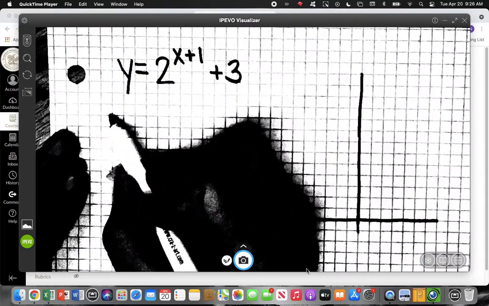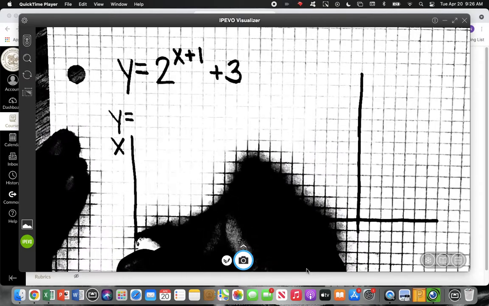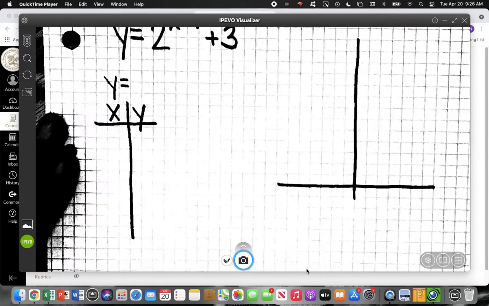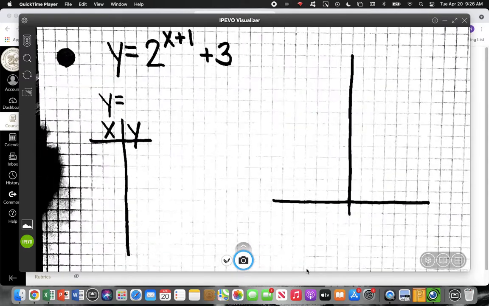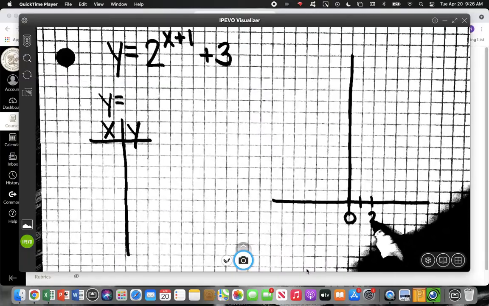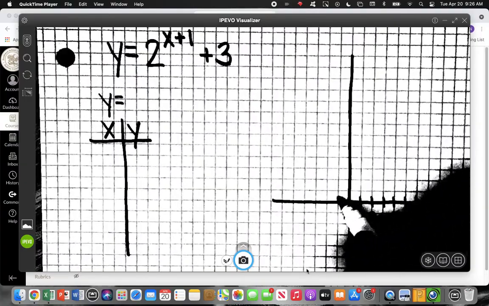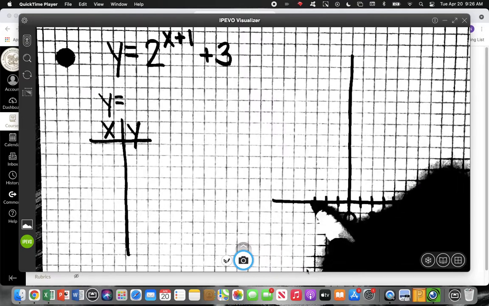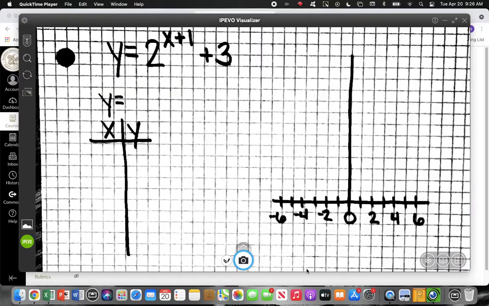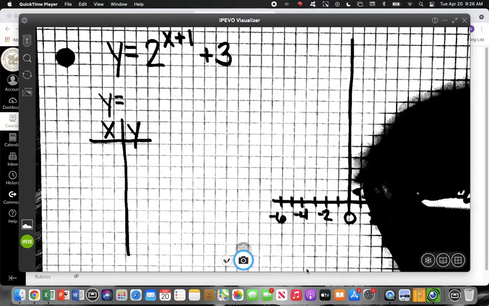And so you'll want to make room for your table. And then we're going to make a graph, and let's go from -6 to +6 on the x-axis.